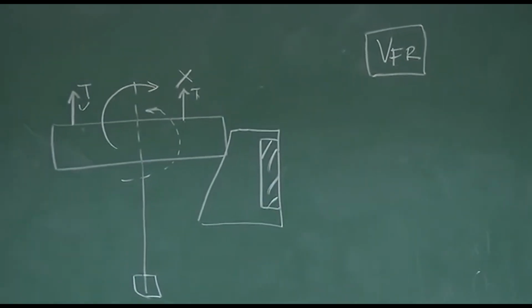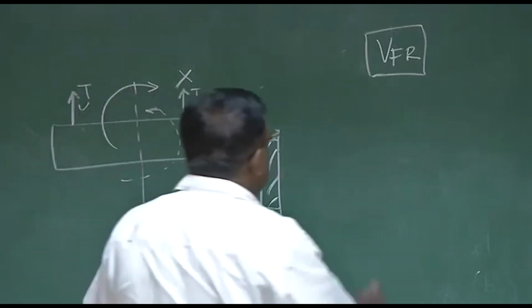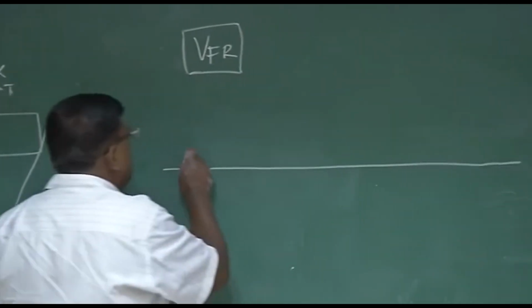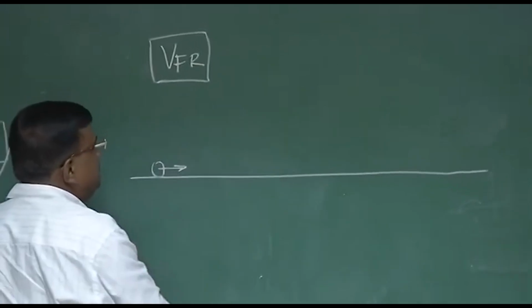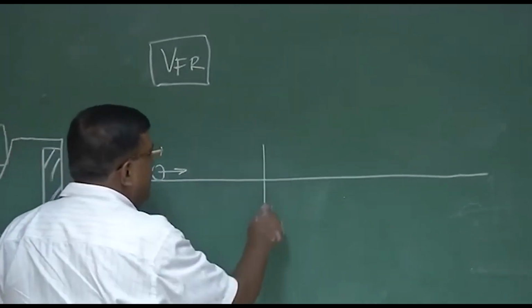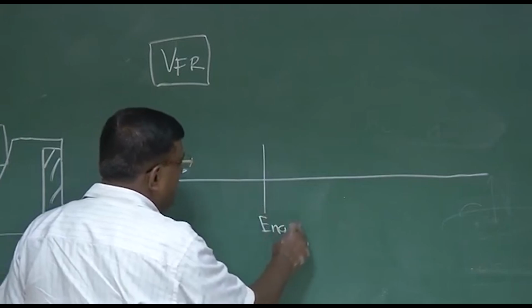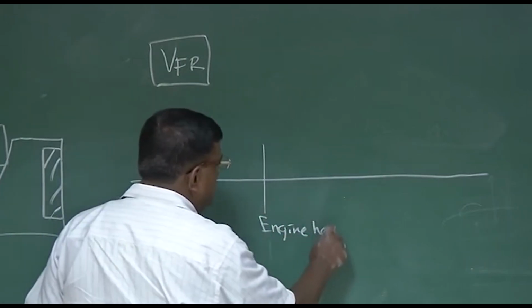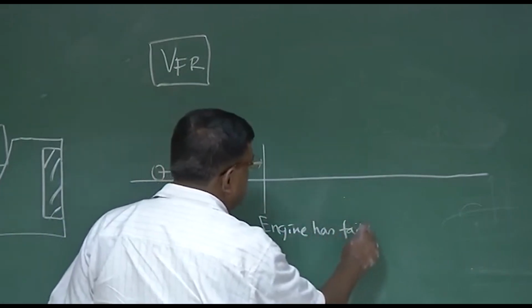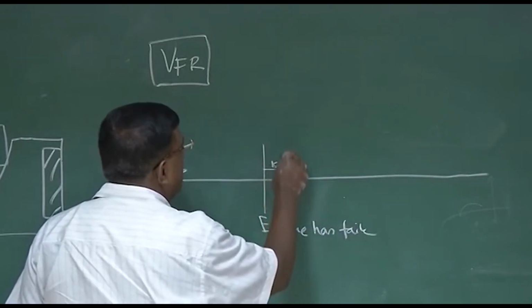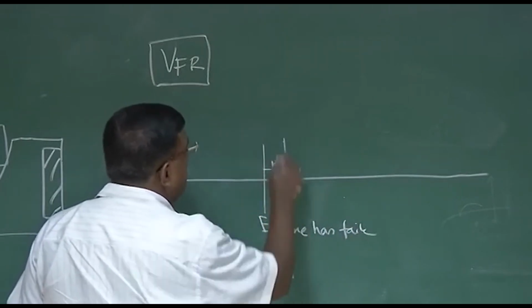What is the meaning of that? Let us say the airplane has started from here. At some point one engine has failed. Now for 1 second I will give the pilot time to recognize it. He has to check.